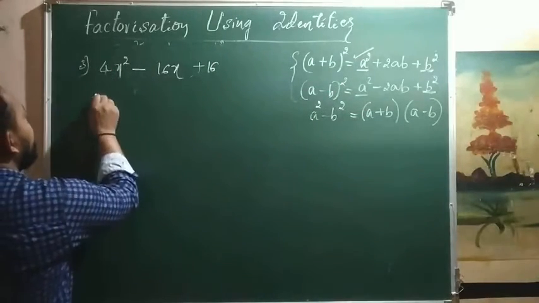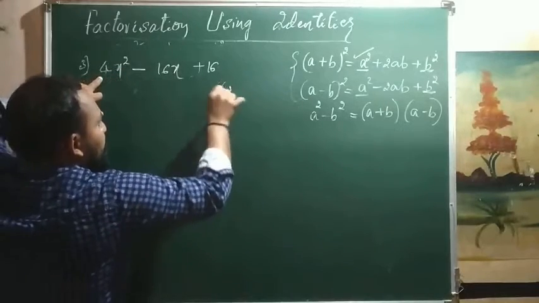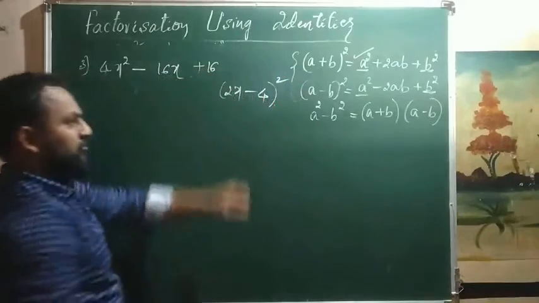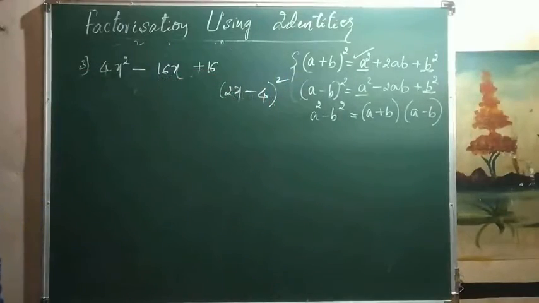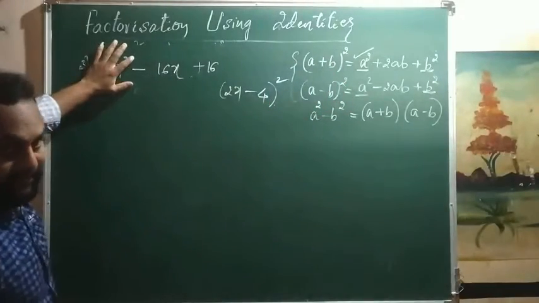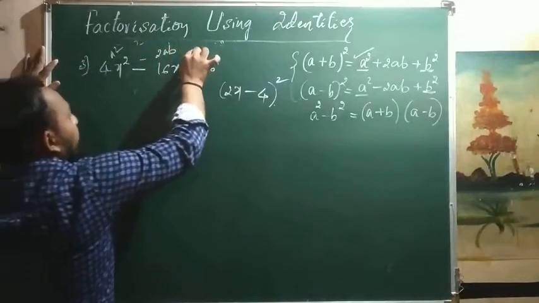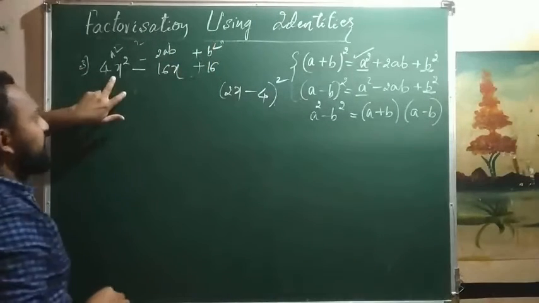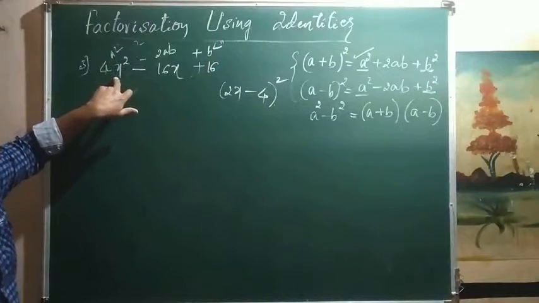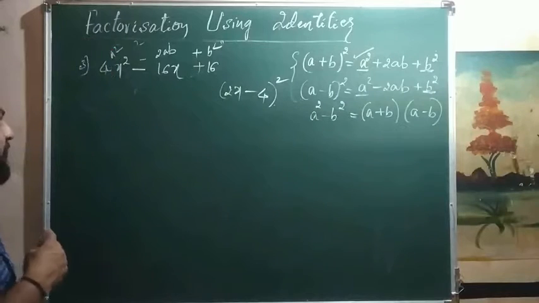Here the second identity. Here the first term, you can write directly: the square root of 4x square is 2x, minus the square root of 16 is 4, so 2x minus 4 whole square. Simple. Here a minus b whole square, which is a square minus 2ab plus b square. a square is 4x square, so a is the square root of 4x square.